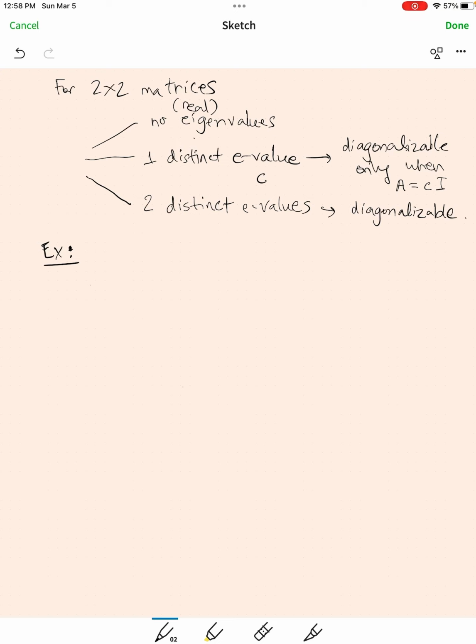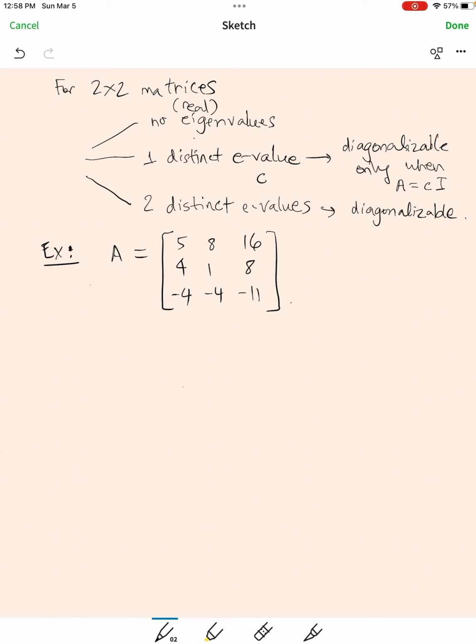So let's say that you have this 3 by 3 matrix A, which is 5, 8, 16, 4, 1, 8, negative 4, negative 4, negative 11.